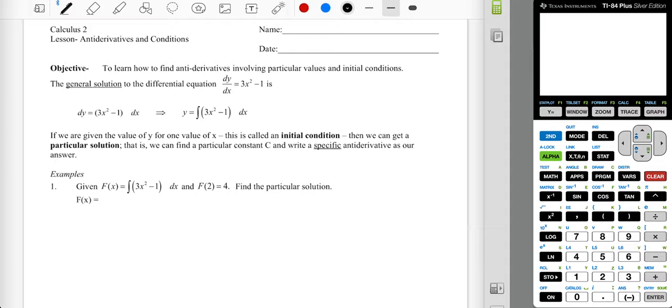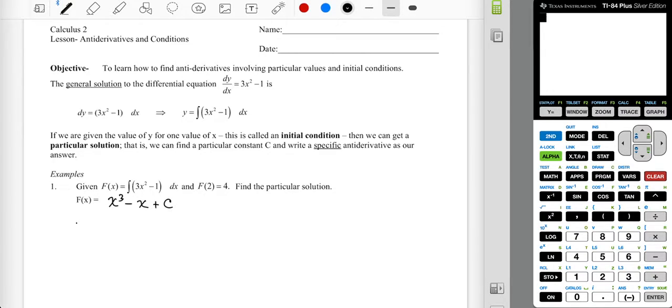So let's take a look. And so the antiderivative of 3x squared is going to be x cubed minus x, antiderivative of the 1, plus c. All right, so what they told us here is that f of 2 is equal to 4.